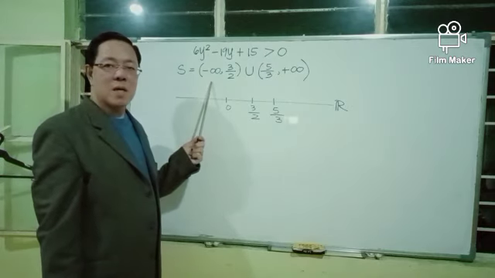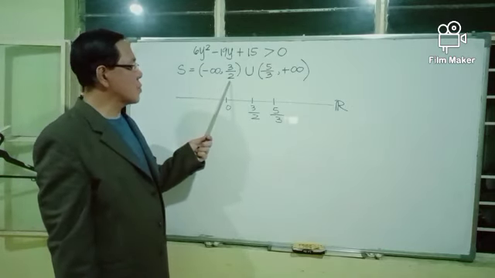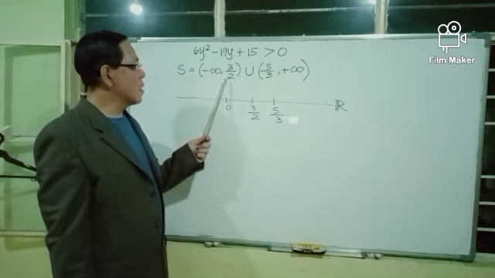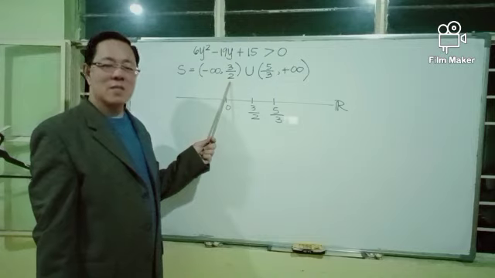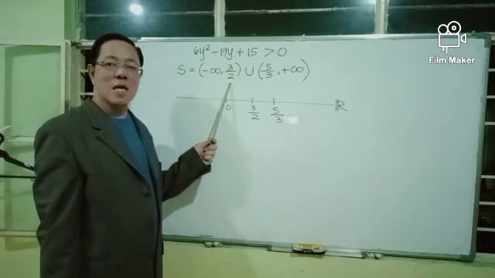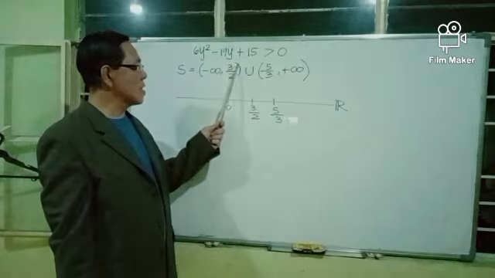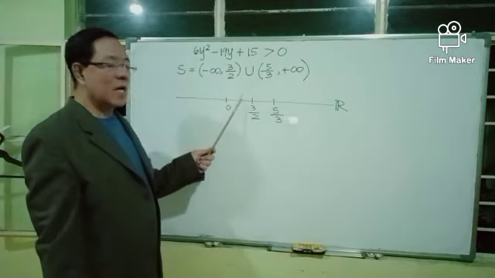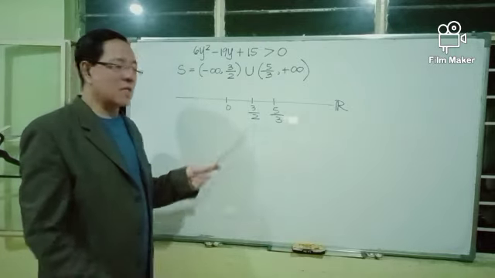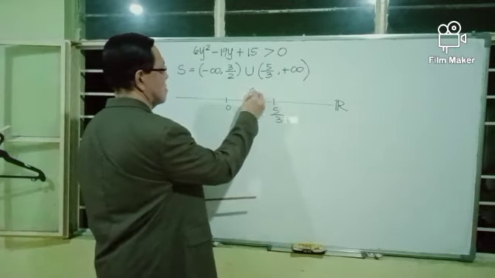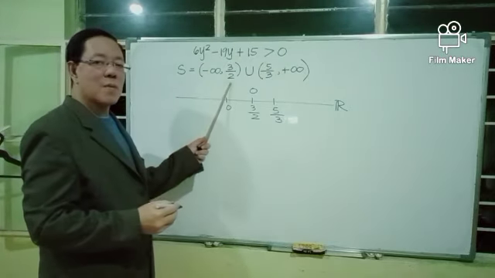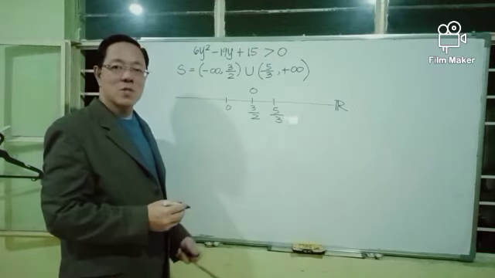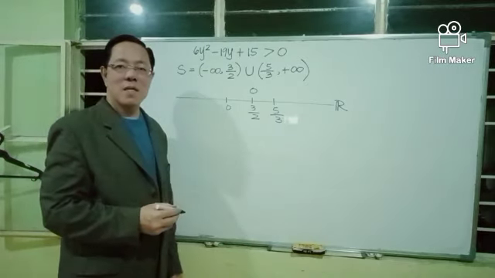The first open interval is the set of real numbers less than 3 over 2. But 3 over 2 is not included in the solution as indicated by this closed parenthesis. And in the diagram, we indicate that by an open circle. And all the real numbers less than 3 over 2 up to negative infinity are solutions of this quadratic inequality.